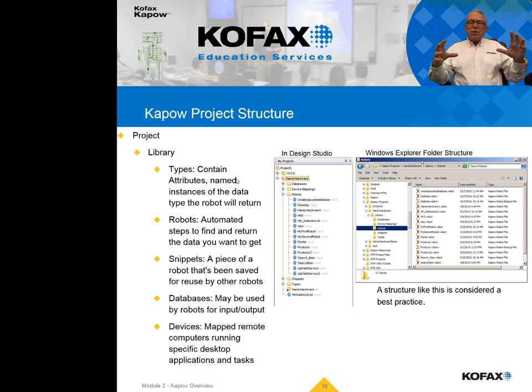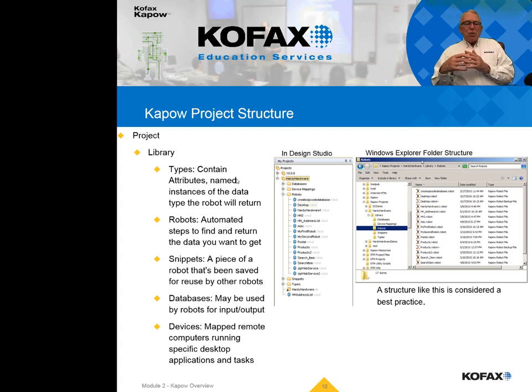You can save those steps as a snippet and then just import those into your new project. Quite useful. Databases may be used by robots for both input and output, and also, by the way, for internal processing if you wish, although that's not as common.